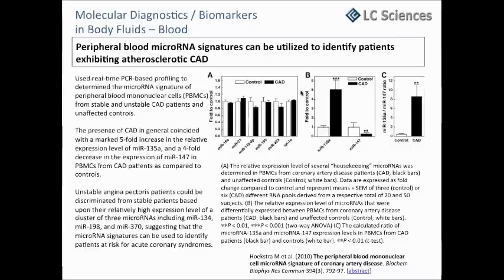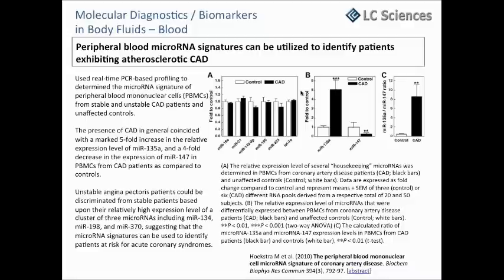Then if we go further in the diagnostic field and move from cell tissue samples to body fluids, this is also a paper from 2010. It's dealing with the peripheral blood microRNA signatures and whether they can be utilized to identify patients exhibiting atherosclerotic CAD, coronary artery disease, of course.